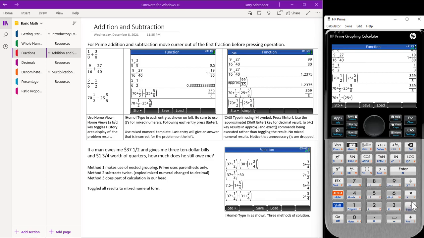We can do the fraction by using the divide key, so we'll press 5, divide, and put in 8. We could have also used the template key up here, but we chose to use the divide key instead. We will press enter. We will hit our ABC button and see that we end up with the correct answer now.